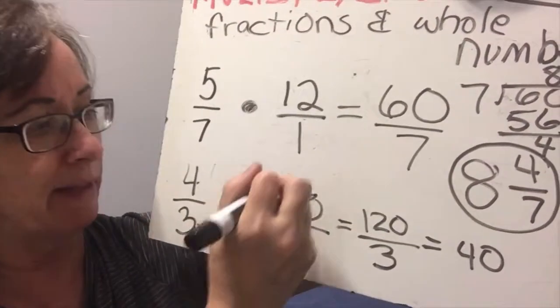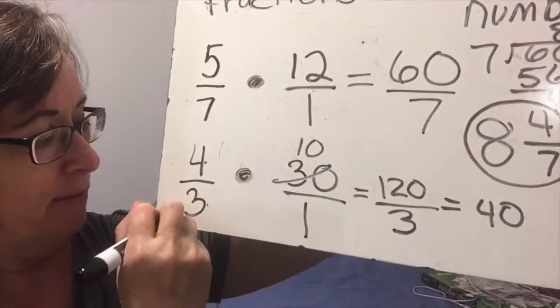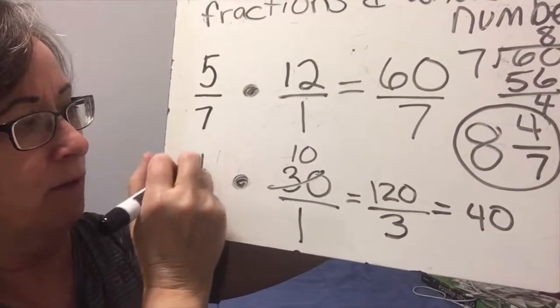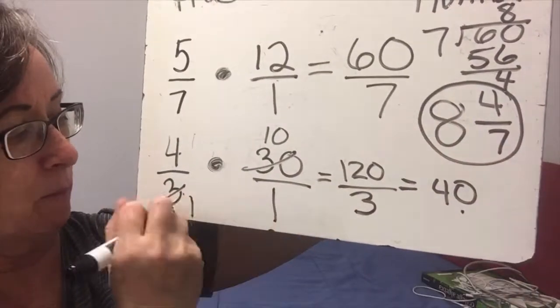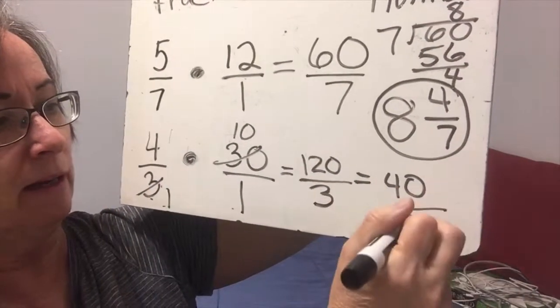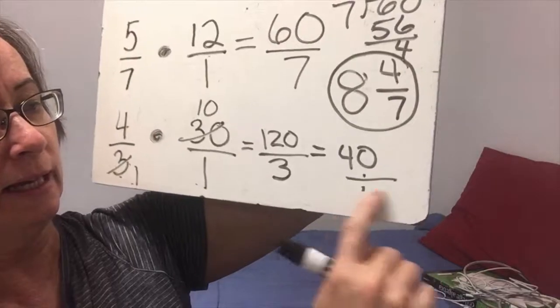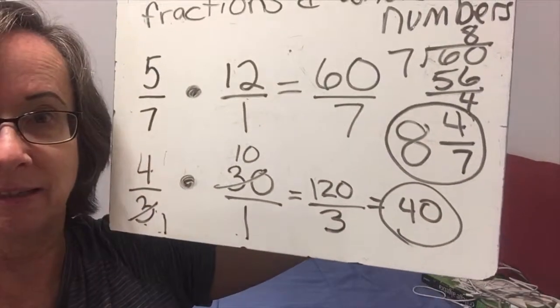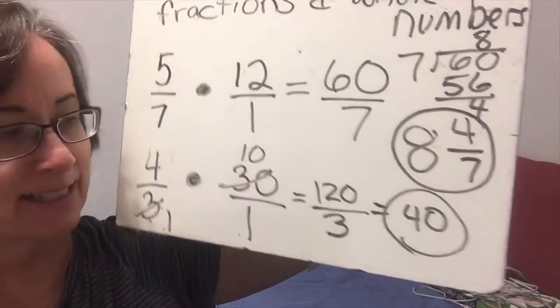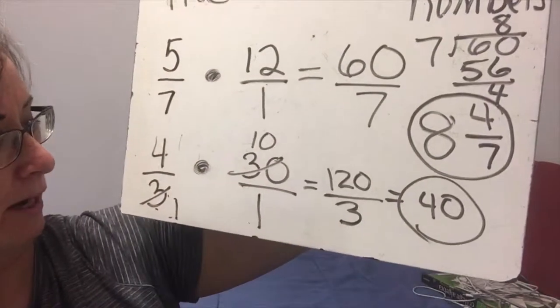So why don't I divide that by 3 and get 10, that by 3 and get 1. 4 times 10 is 40. 1 times 1 is 1. 40 over 1 is 40. And that is not a fraction, is it? It's a whole number answer there.